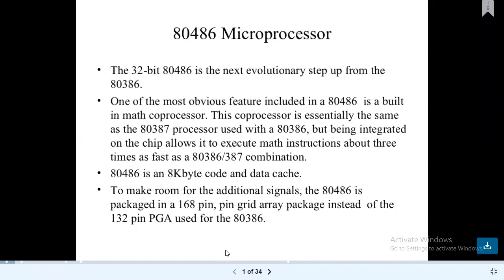This is a 168-pin package instead of the 132-pin package with programmable gate arrays used for the 80386. It means that the 80486 has totally more features than the 80386.